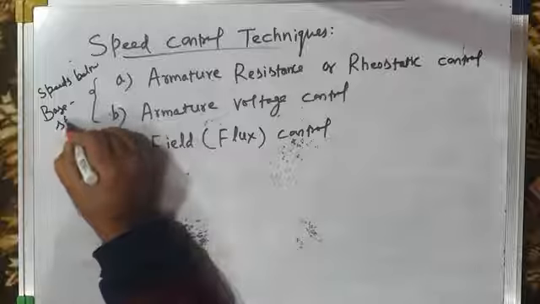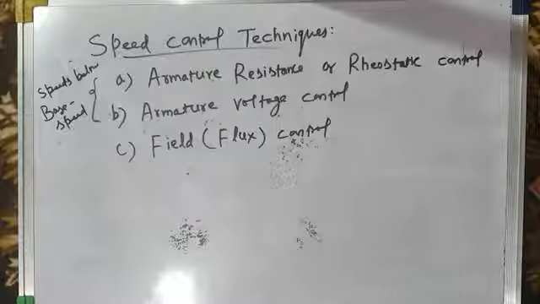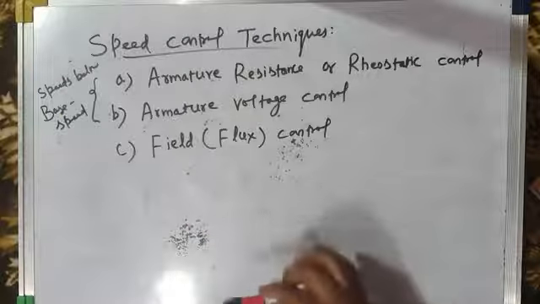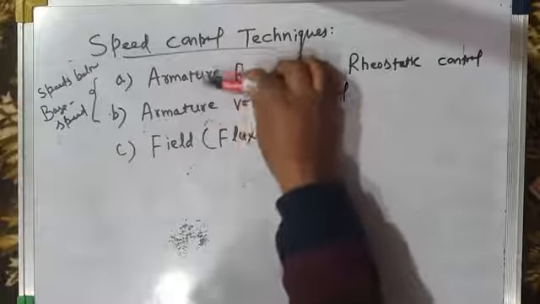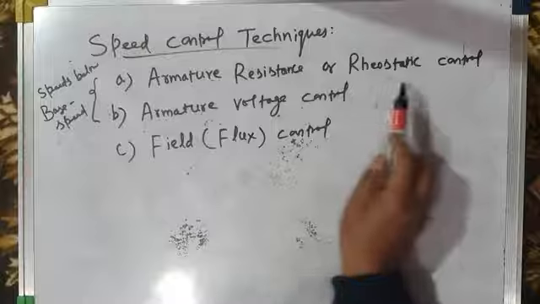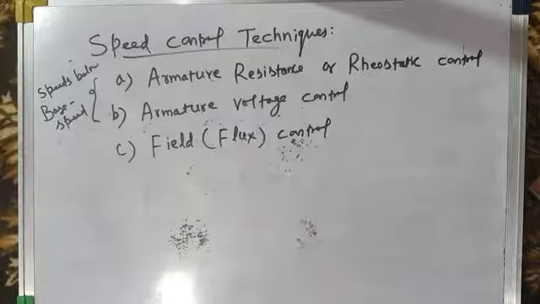Base speed is the speed at which the motor runs corresponding to its rated voltage and rated flux. When there is rated flux in the machine and you are applying rated voltage across the armature terminals, the motor runs at a speed which is called base speed. So if you want to get speeds below the base speed, then these two methods are valid.